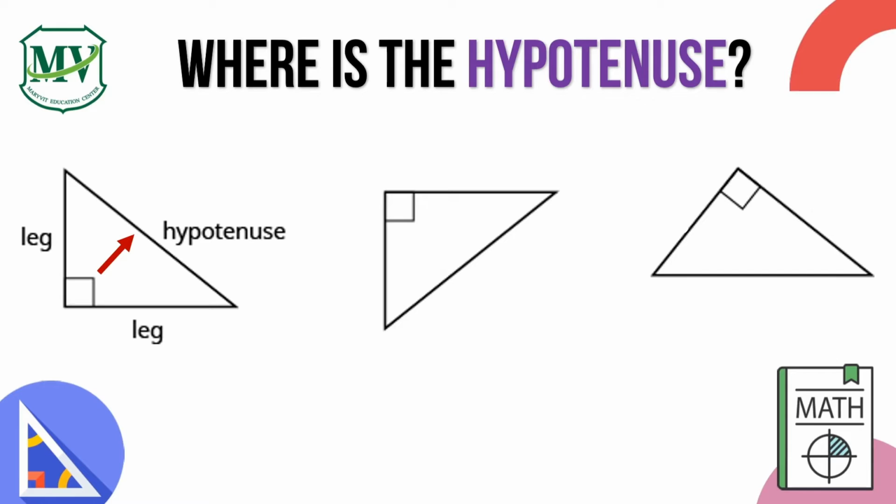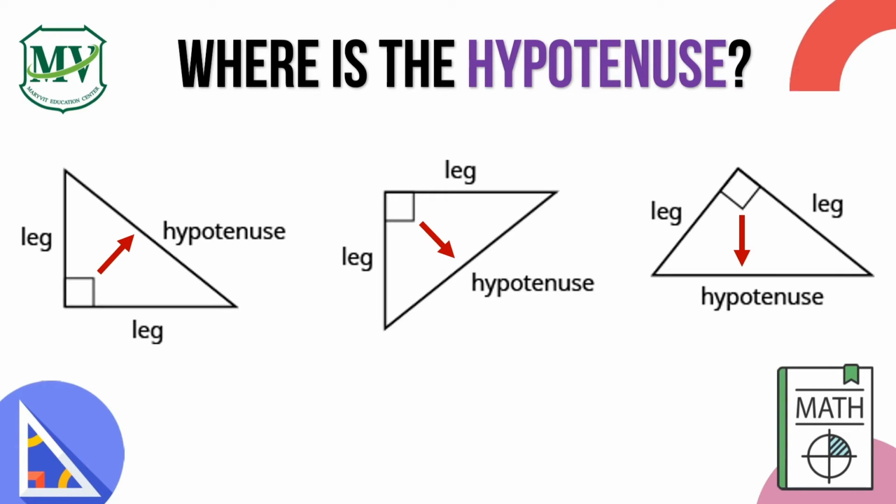Where's the longest side or the hypotenuse? If these are the two legs, this is the hypotenuse. Last triangle. If these are the legs, this side is the hypotenuse. Always remember, the hypotenuse is the opposite of the right angle in a right-angled triangle.